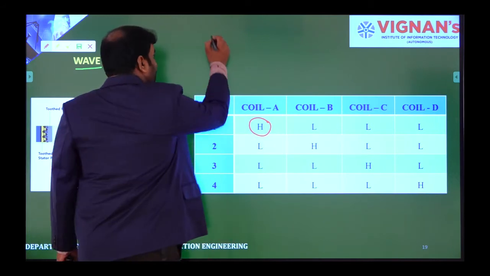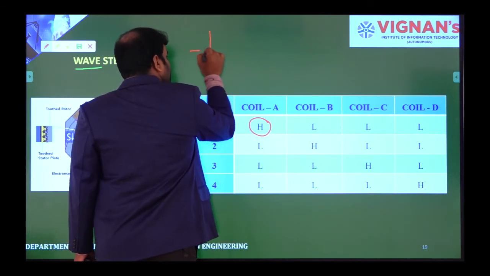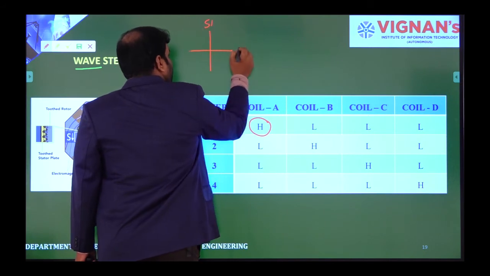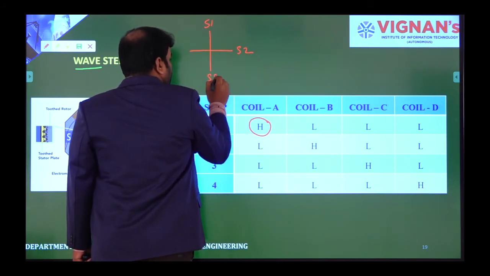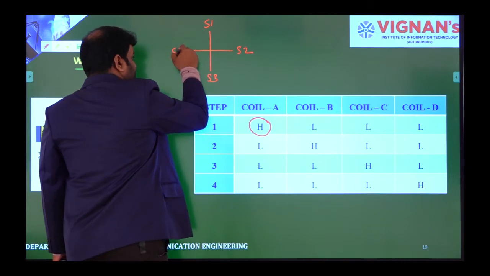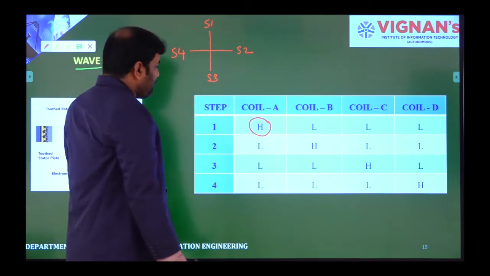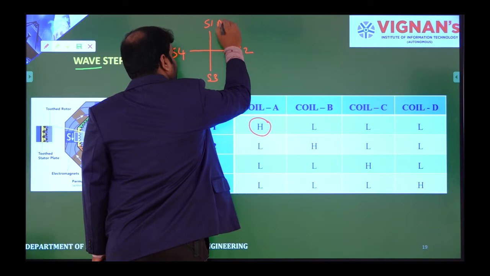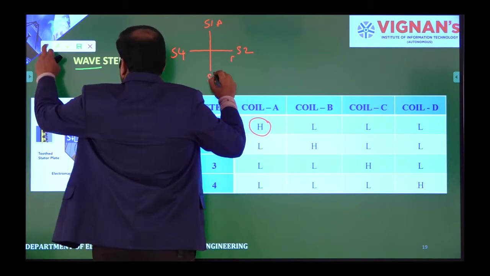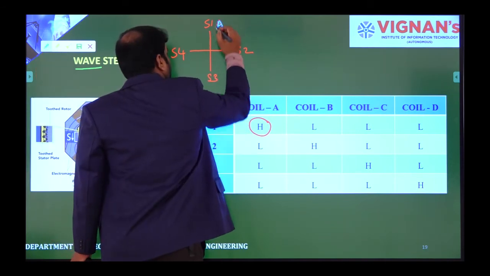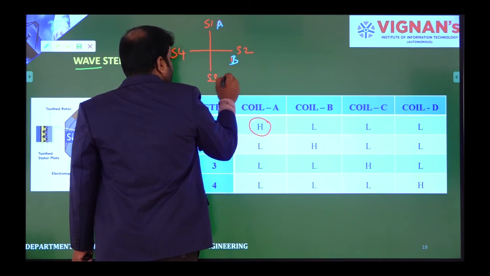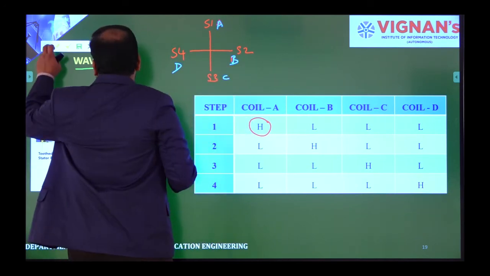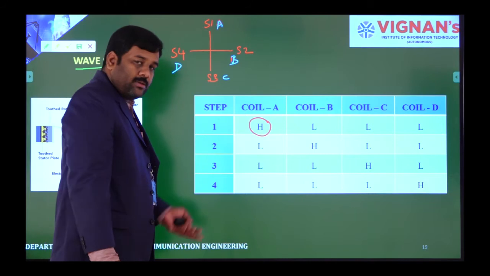As we already know, there are S1, S2, S3 and S4, 4 modes. Let the coils be A, B, C and D. These are the 4 modes, 4 positions.